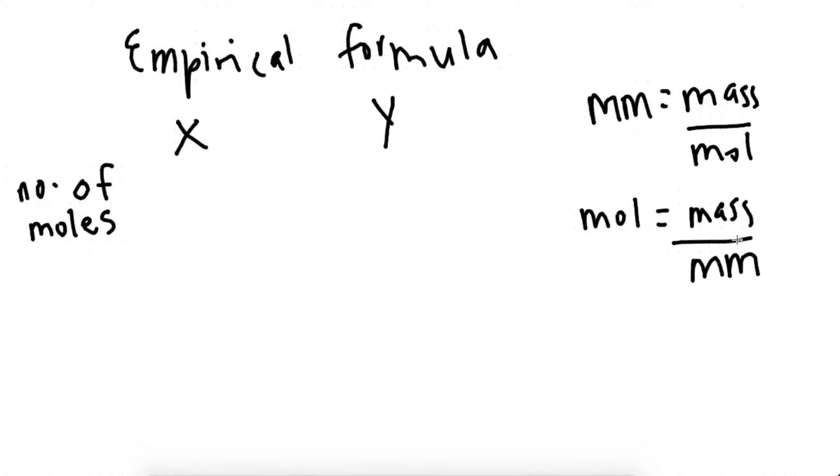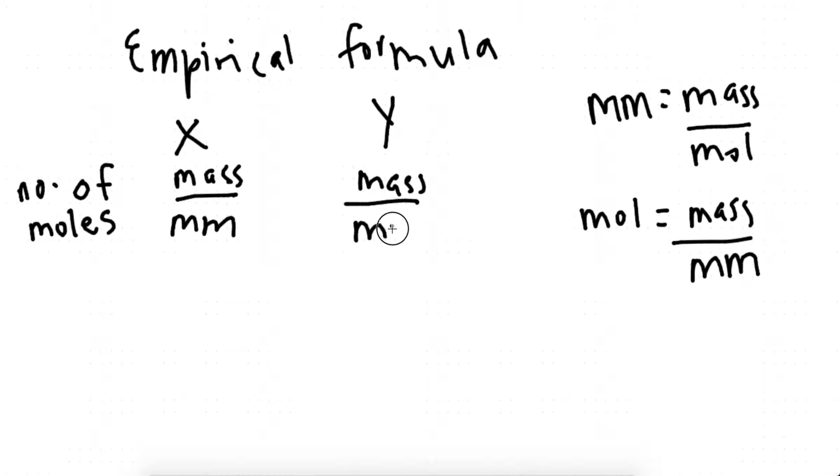Now in this question they usually give us the mass of each element. So to find the mole for each element, you just do mass over molar mass and mass over molar mass. You'll get the number of moles of each element.